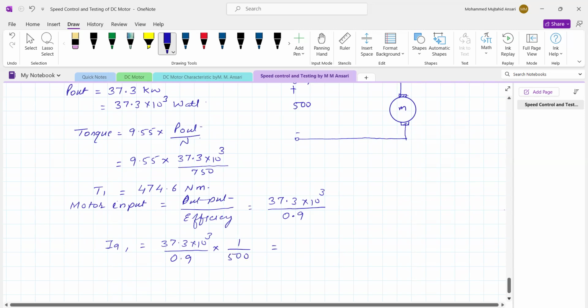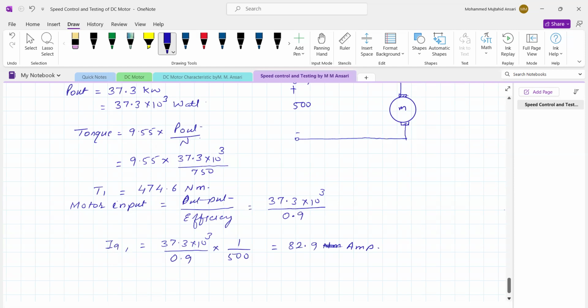So armature current equals 82.9 ampere. This is the armature current.